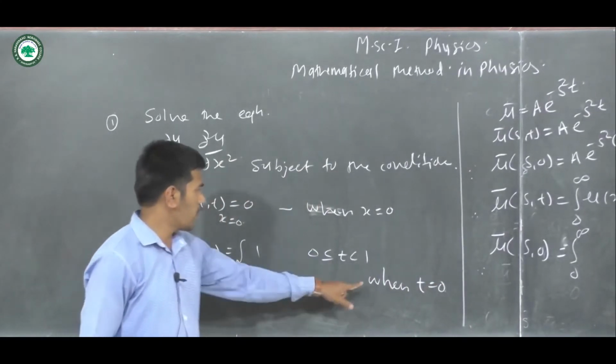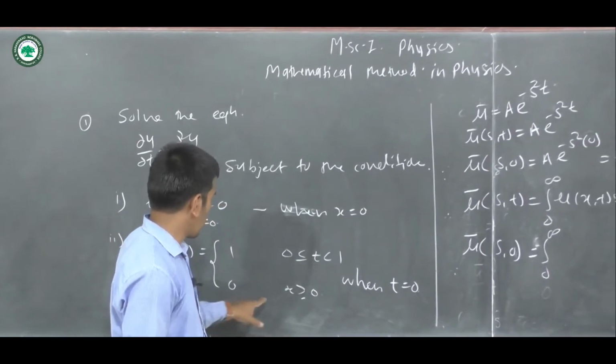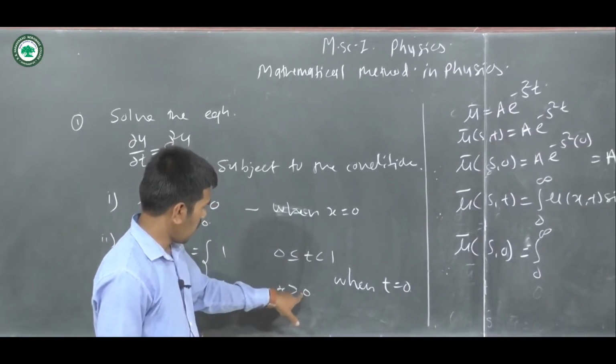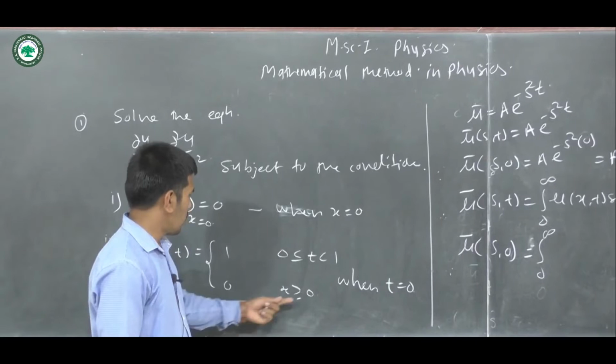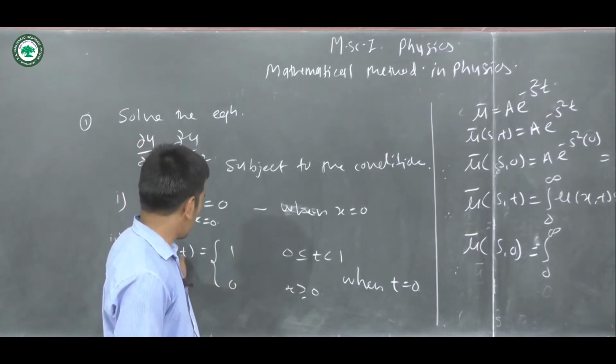So when t = 0, they have given 1 for this limit, and for x varying beyond that up to infinity, at that time u is 0.